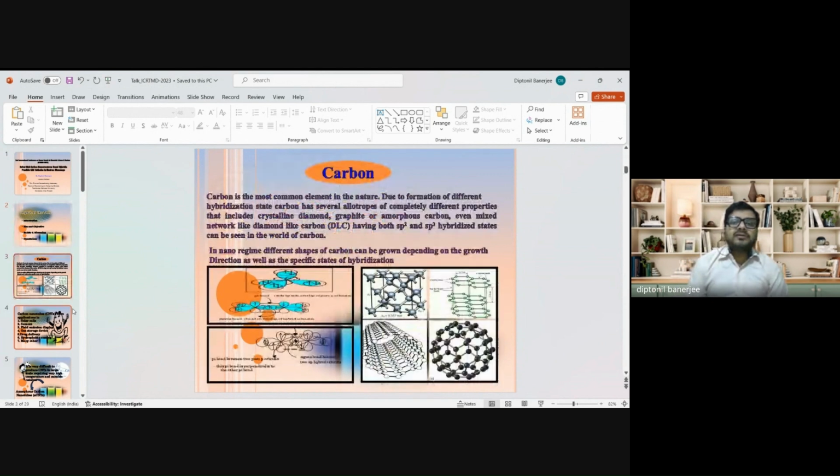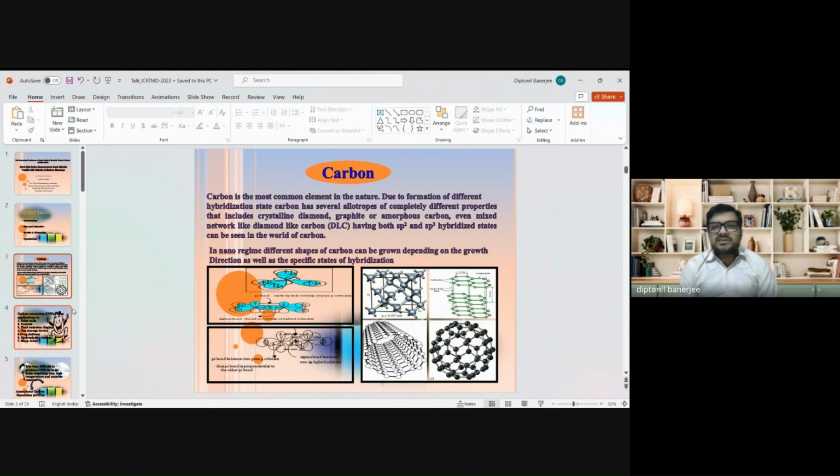Now, the material carbon actually needs no introduction. We can see that the material has a very unique property: it can be found in different allotropes and different hybridized states, sp3, sp2, sp, and especially the sp3 and sp2 hybridized states are of importance because they show properties that are completely contradictory to each other.